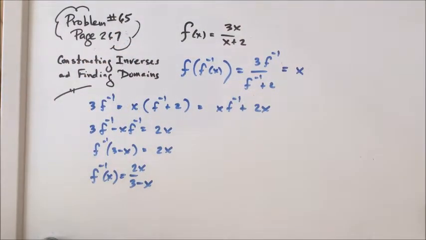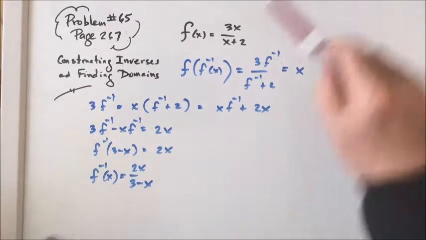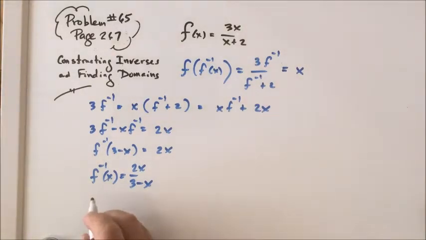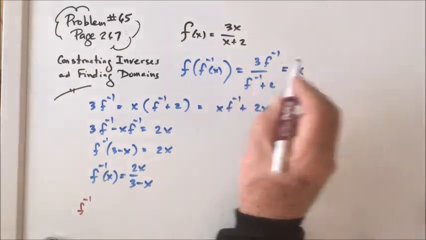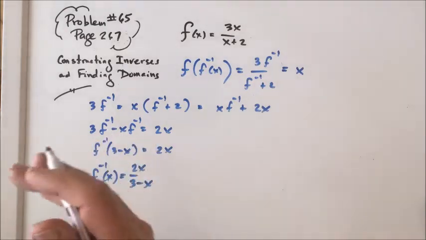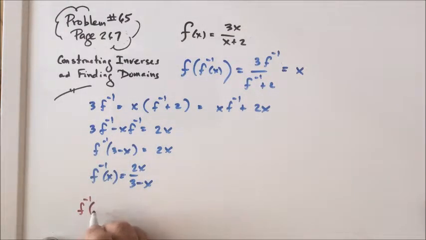If I would like to check that, and gosh knows I want to check it, let's set up f to the minus 1 of f of x. Up here we composed f with f to the minus 1 of x. We said it was x. Let's compose f to the minus 1 with f of x.